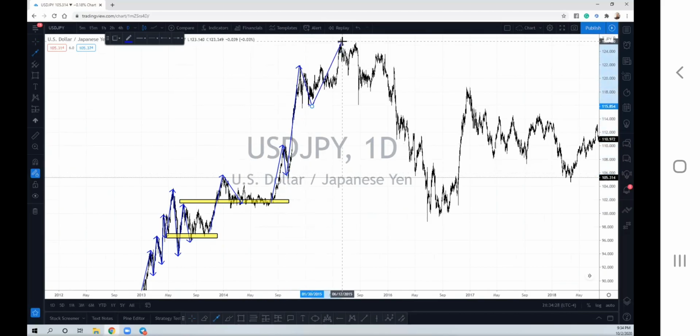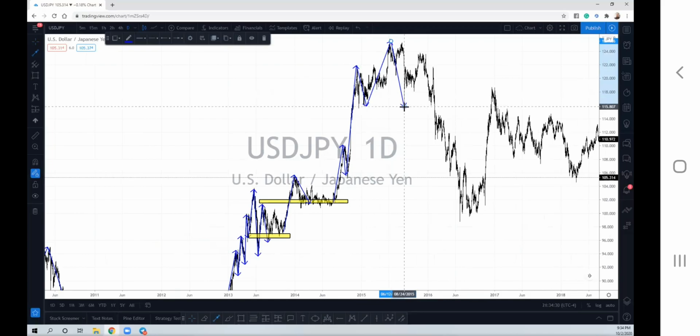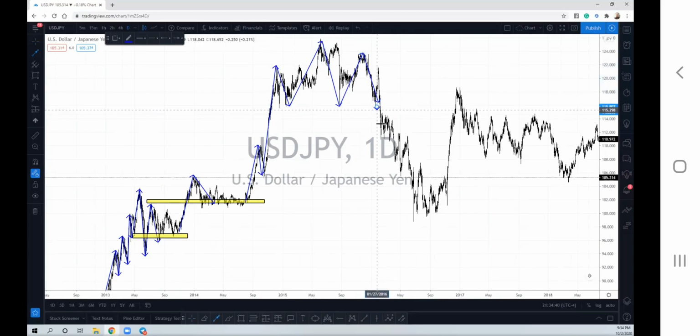Okay. And finally, you will learn this in other videos, but now we have a head and shoulders pattern indicating us a downtrend, and then we have lower lows happening and lower highs.